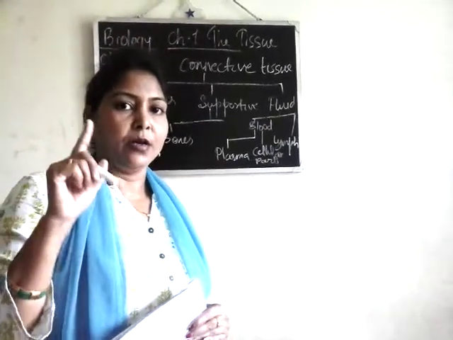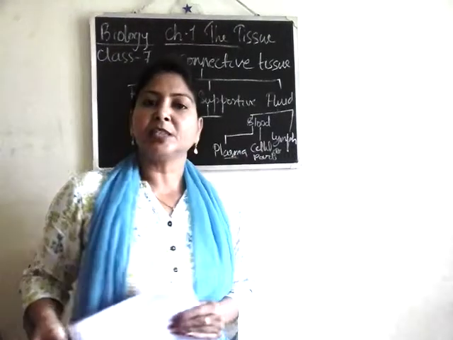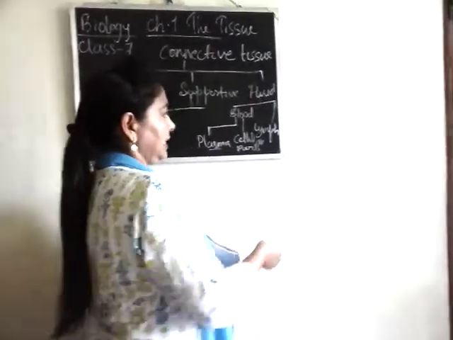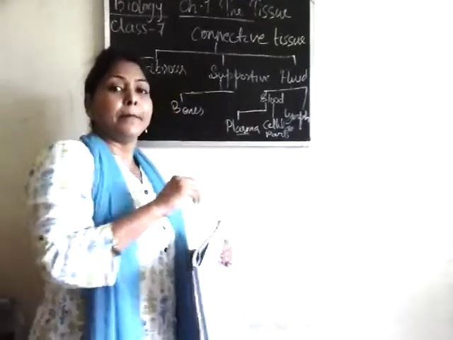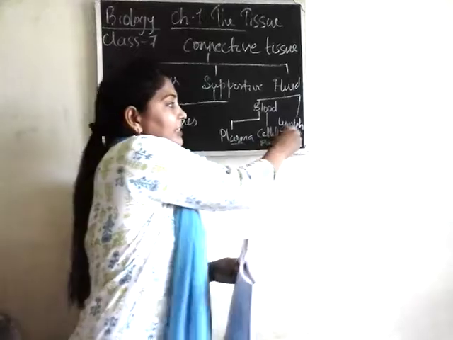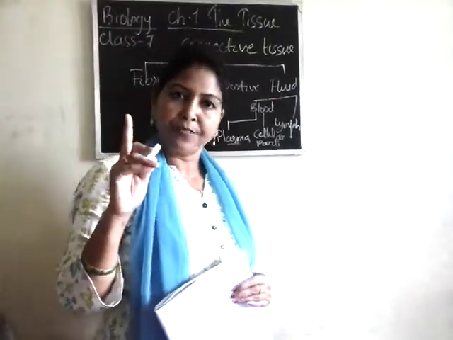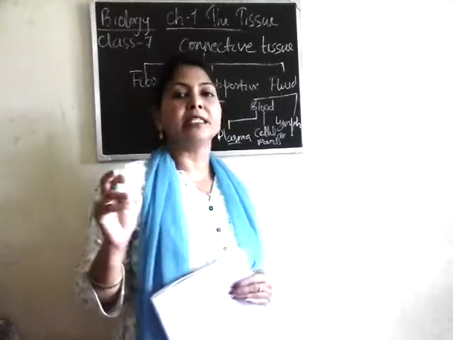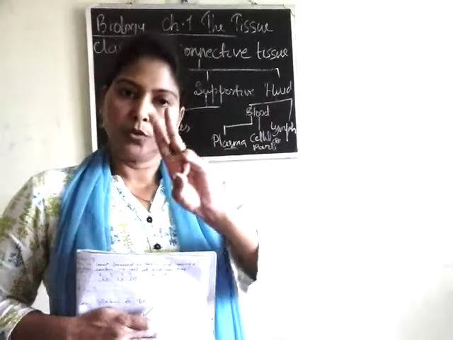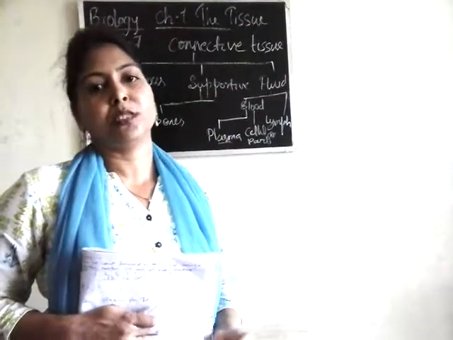One is the fluid part, which is again called plasma, and the second one is leukocyte or WBC. So lymph has only two parts, plasma and WBC.